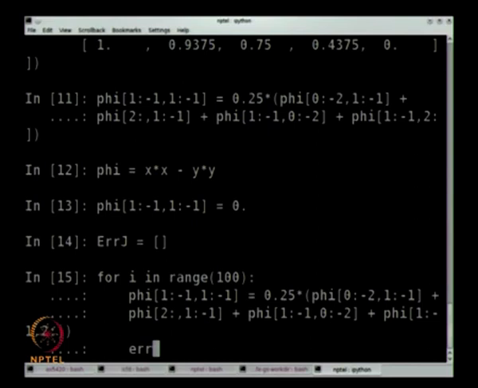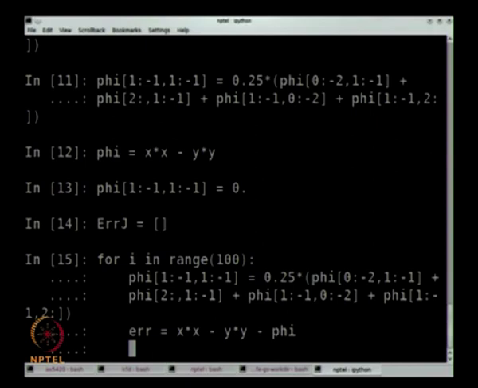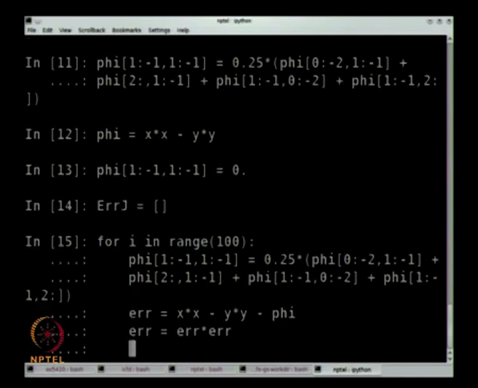Error is x squared minus y star y minus phi i, is that fine? I will just square it, I will take the sum.